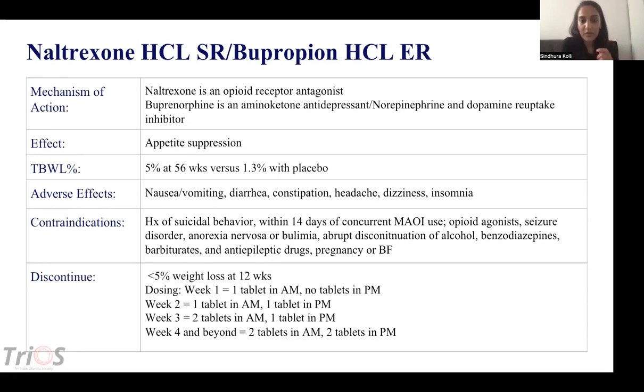Week 2, 1 tablet in the morning and 1 tablet in the evening. Week 3, 2 tablets in the morning, 1 tablet in the evening. Then by week 4, they're on the full dose. If they're on the full dose and haven't achieved that 5% weight loss in 12 weeks, then this wouldn't be the medication for them. And then in order to start them on something else, we would have to taper them down off of this medication.